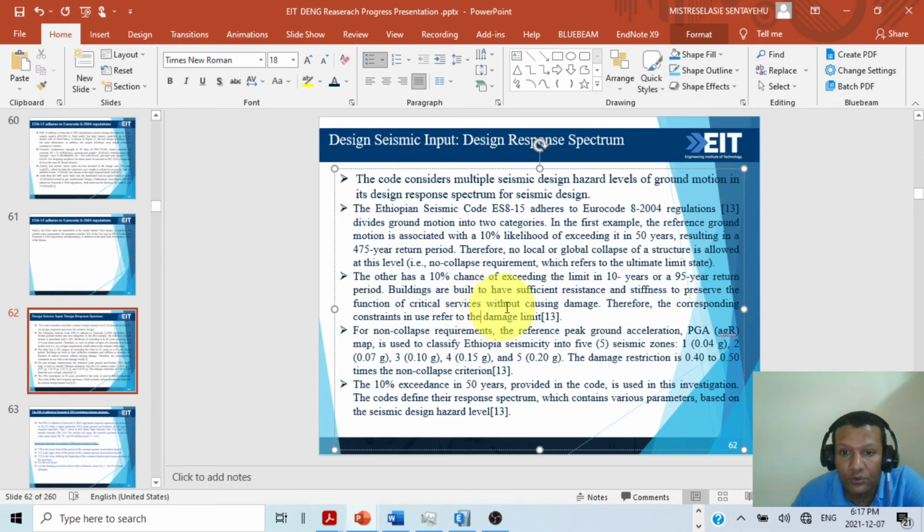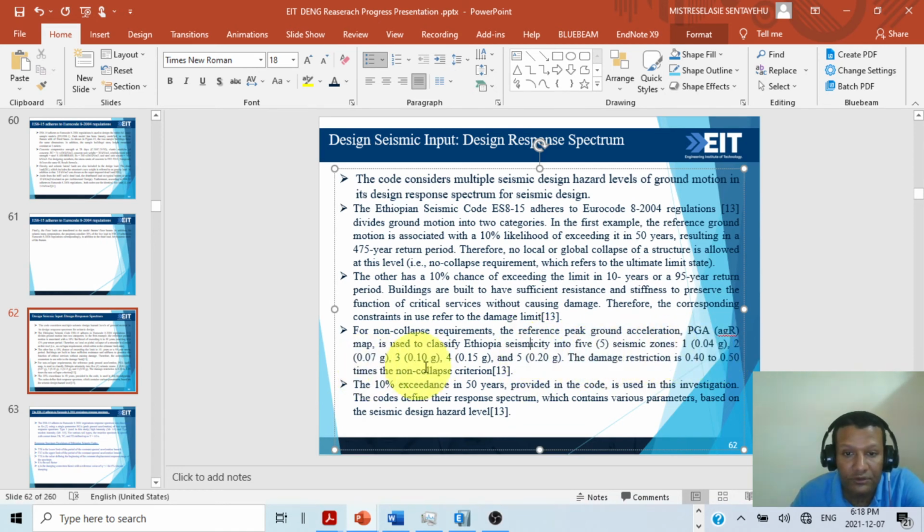Buildings are built to have sufficient resistance and stiffness to preserve the function of critical service without causing damage. Therefore, the corresponding constraints in use refers to the design limit. For the non-collapse requirement, the reference peak ground acceleration PGA map is used to classify Utopian seismic into zones.